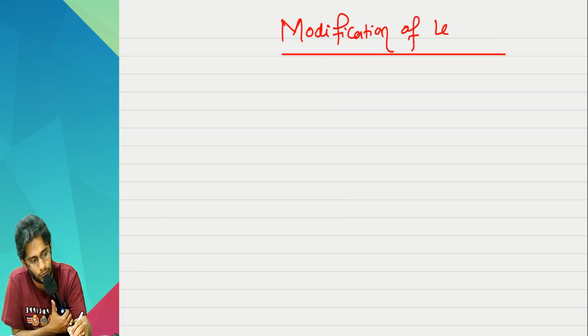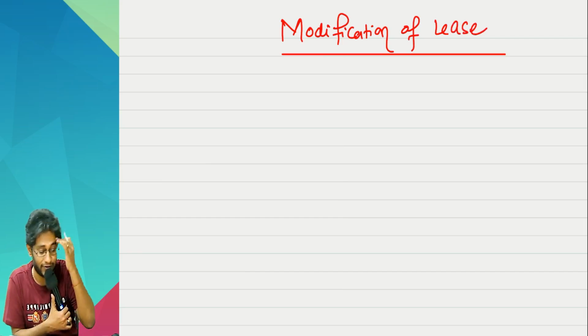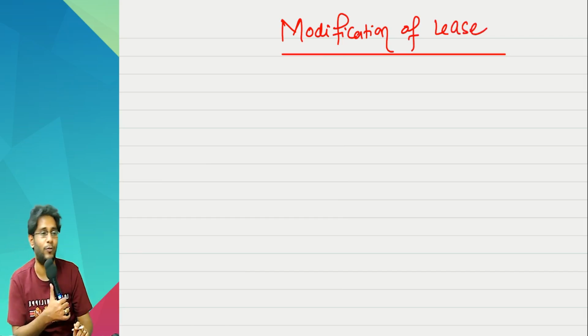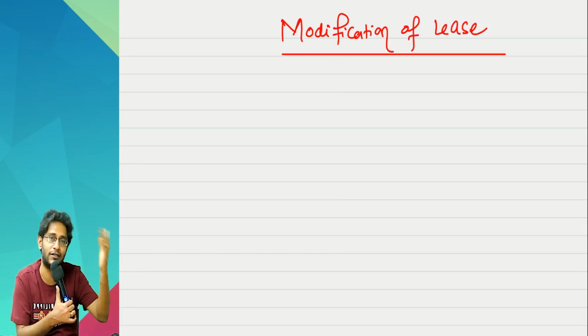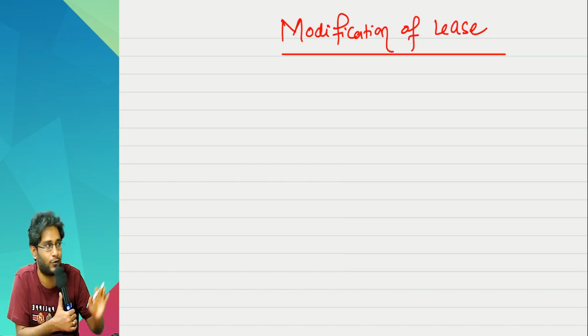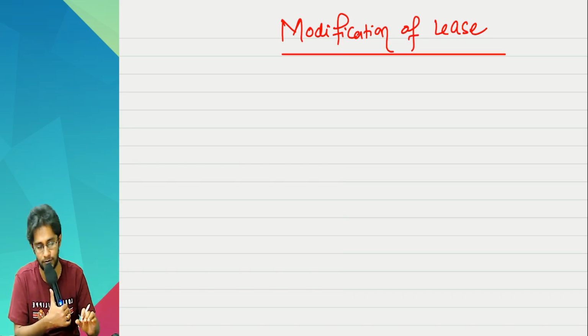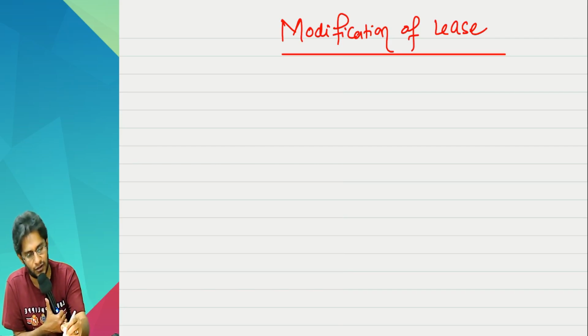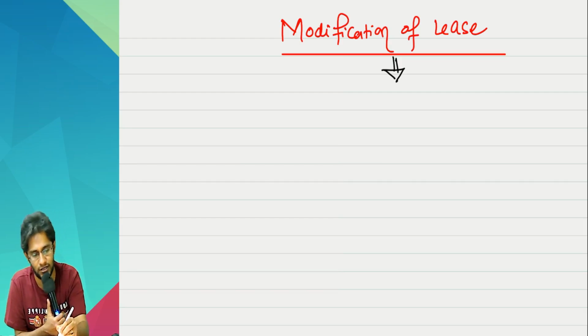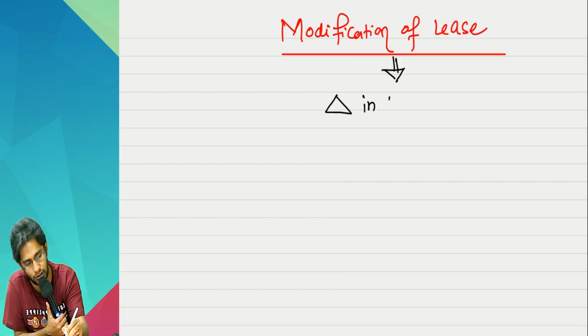Modification of lease by the lessee. Okay, fine. So we are talking about modification of lease in the books of lessee. When we go into lessor books, at that time we will talk from lessor point of view. Today, lessee point of view is in discussion. Sir, first thing, remember this. Now that it is a modification, it's very clearly a change in the terms and conditions.